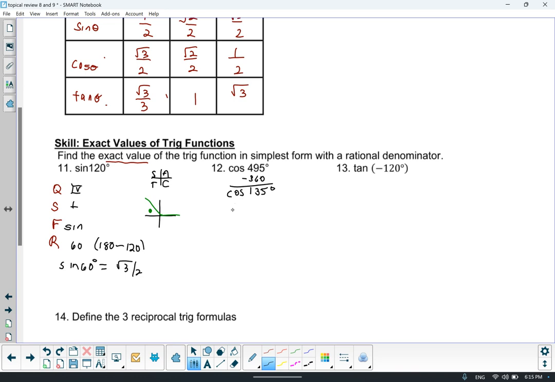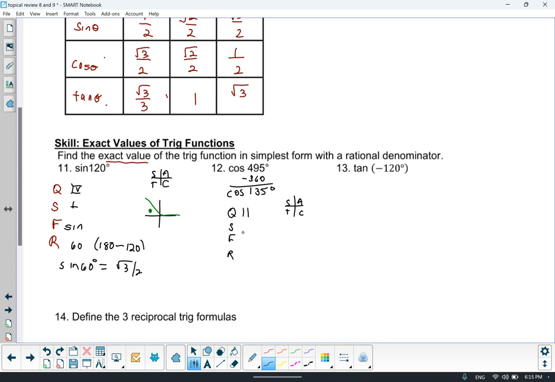Almost forgot it there. So now I'm going to use Lucifer. And Lucifer is just a gimmick to help you remember and organize your thoughts. So 135 is in quadrant 2 again. Cosine, think about it. All students take calculus. Only sine is positive in quadrant 2.